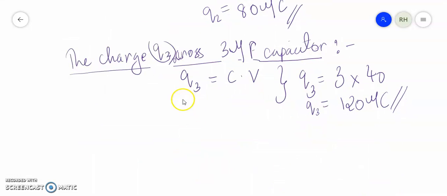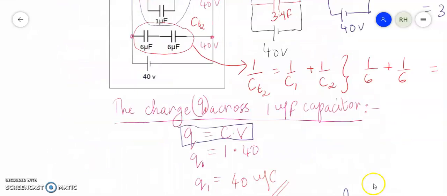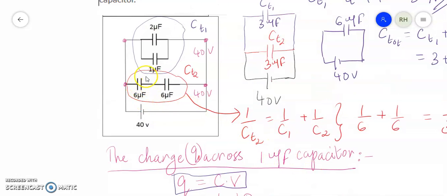So this Q3, this is the charge, which is 120. 120 is the charge across 6 microfarad capacitor and this 6 microfarad capacitor as well.